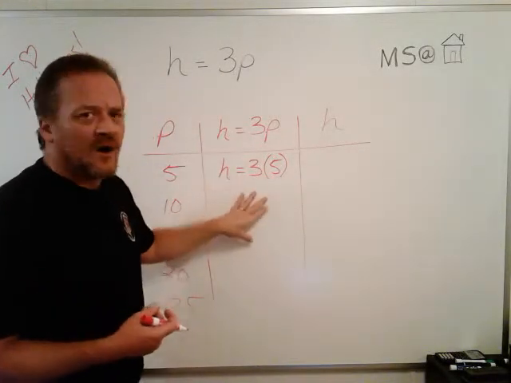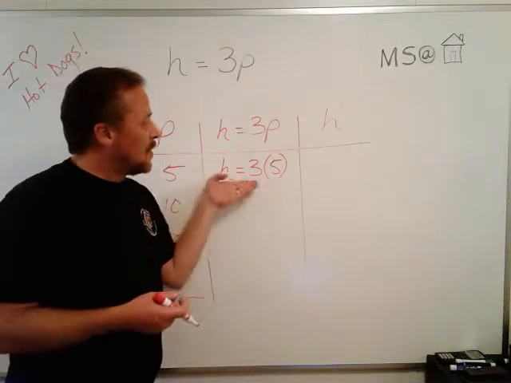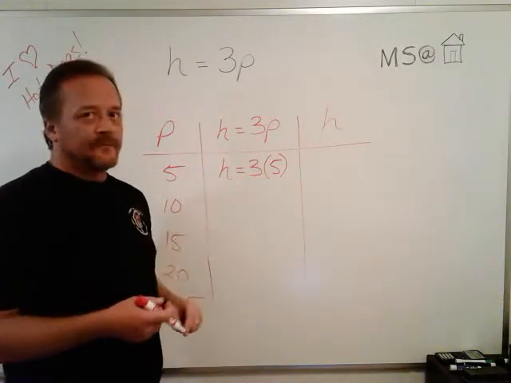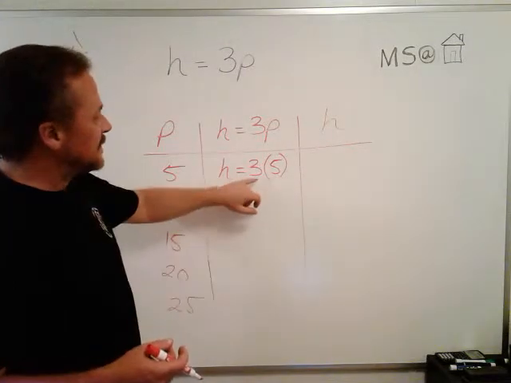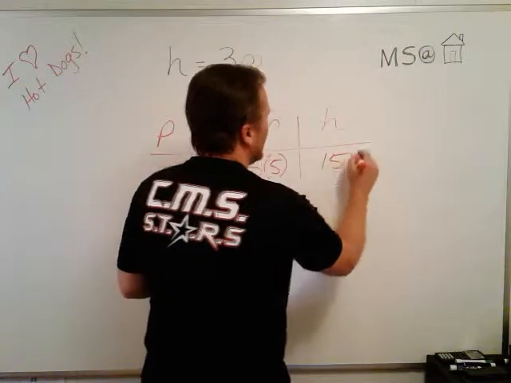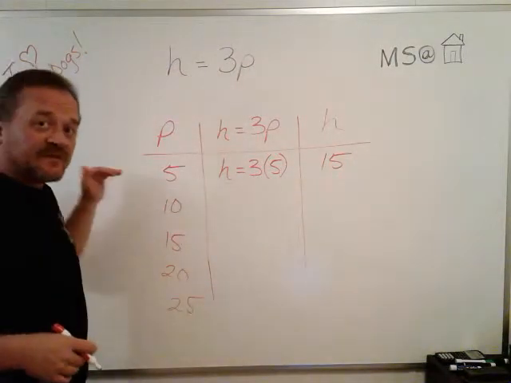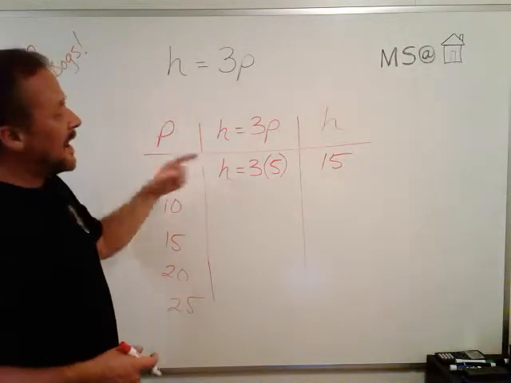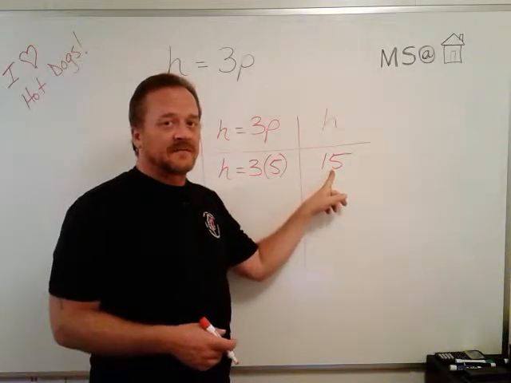Okay? I don't have to show all of my work here. I just want to show what's happening now that I've put this value here. Okay? And it should be easy to see. 3 times 5 is 15. Okay? So this first row basically reads, if 5 people show up, I need to buy 15 hot dogs.